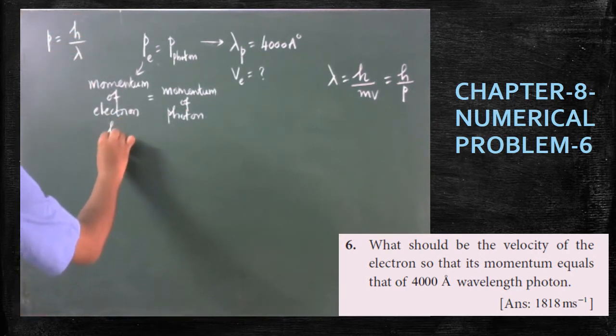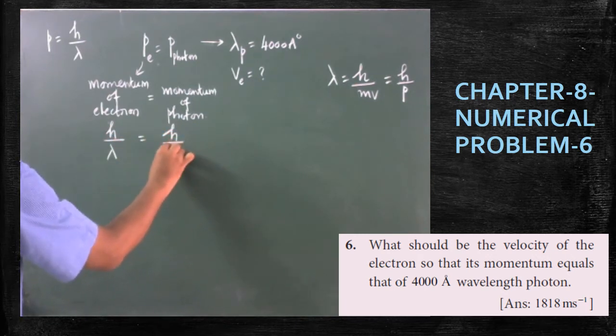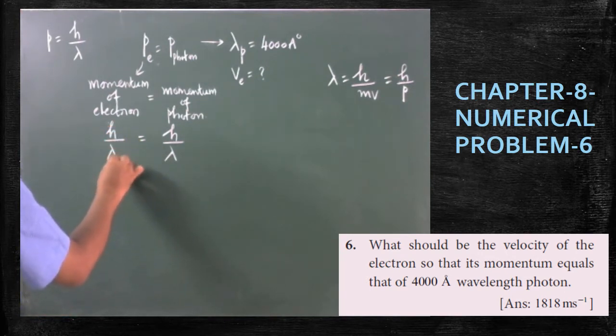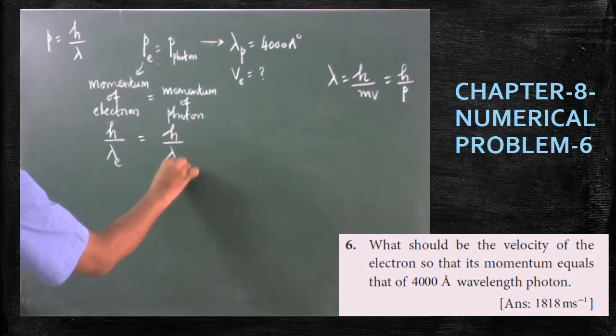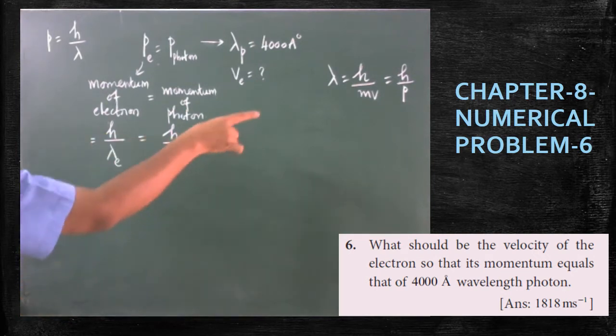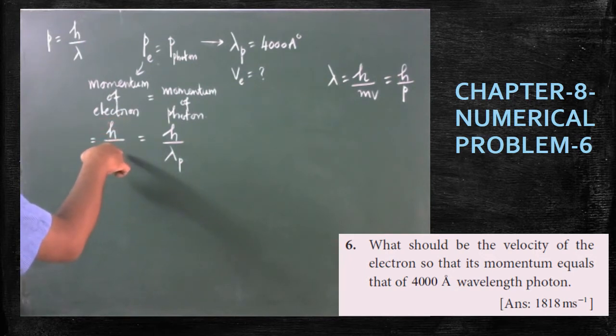So here we can write h by lambda for the electron, and h by lambda for the photon. Are you clear? The next step: the same thing can be written in another form.